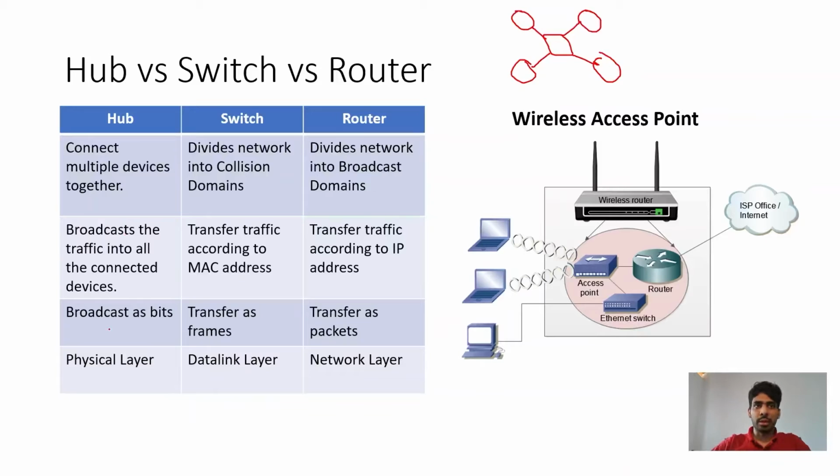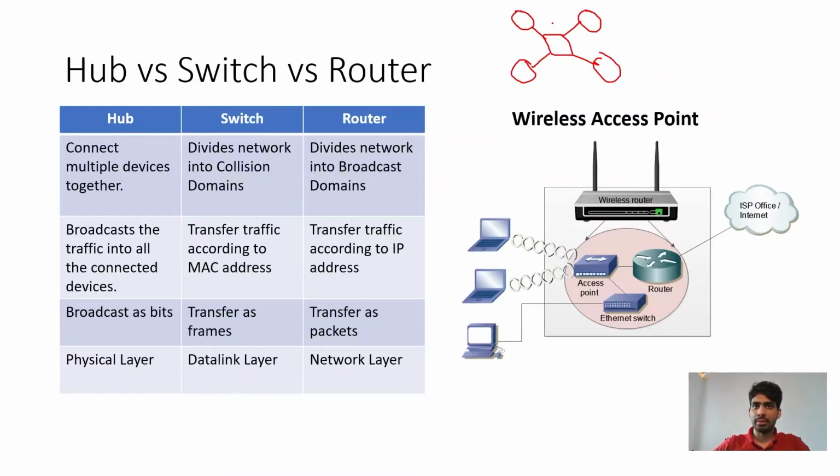However, because this just shares the medium, it does this broadcast as bits. Think of this as a network made of Ethernet cables, so the Ethernet cables are the medium. What computers do is send electric pulses to this medium. These electric pulses are known as bits, because the transmissions in these networks are done as bits.